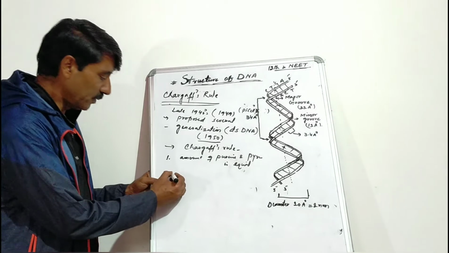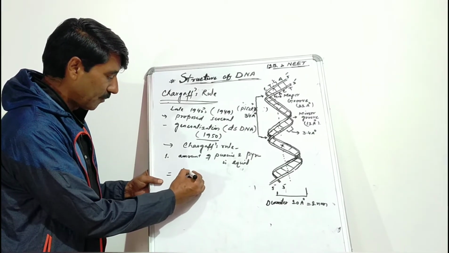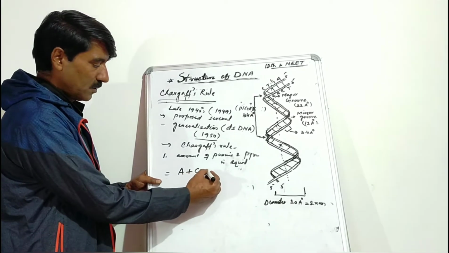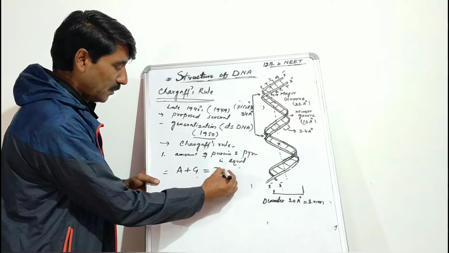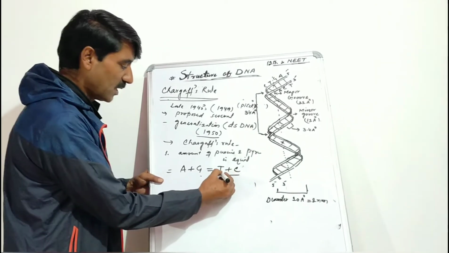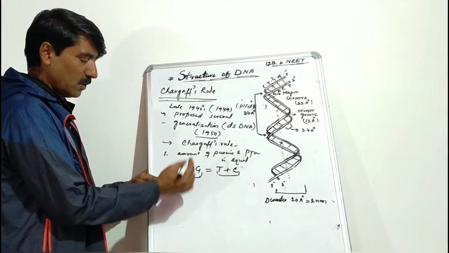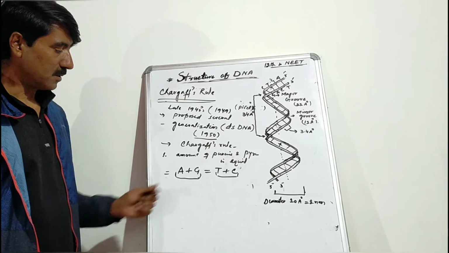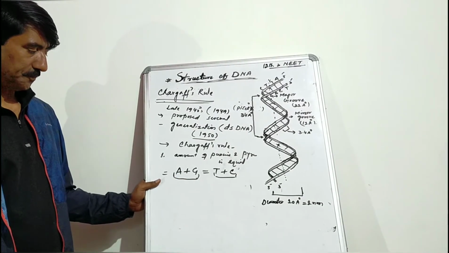In other words, it will mean that adenine plus guanine, these are the two purines, are always equal to thymine plus cytosine, these are the two pyrimidines. So the amount of purines is always equal to the amount of pyrimidines.